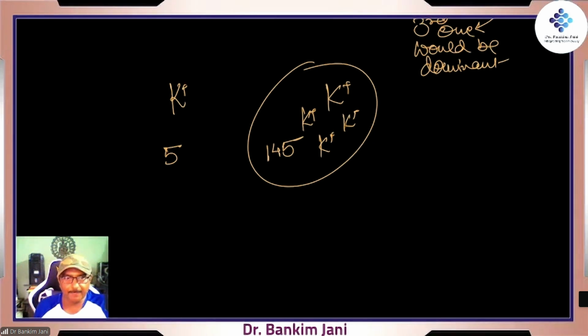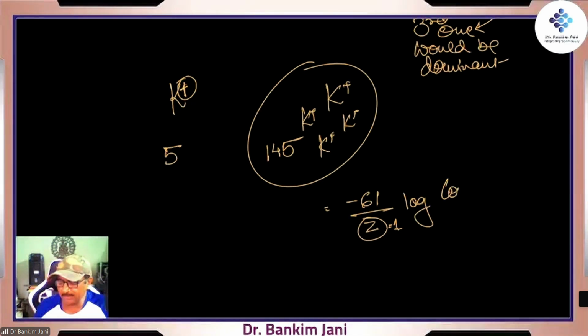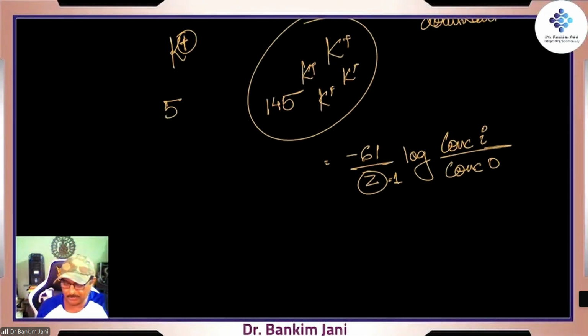What would be the EMF? Use the Nernst equation. So this Nernst equation is for potassium. It would be minus 61 upon Z. Z is this charge. So over here, Z is 1, into the log of concentration inside upon concentration outside. So let's put the values.